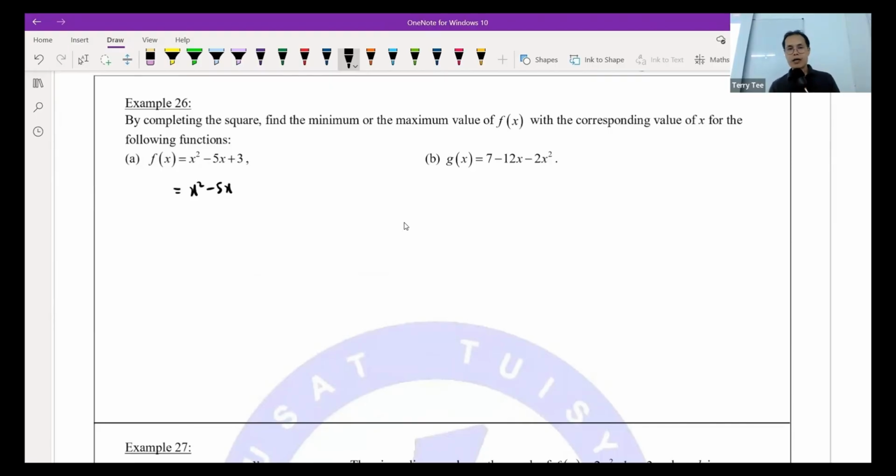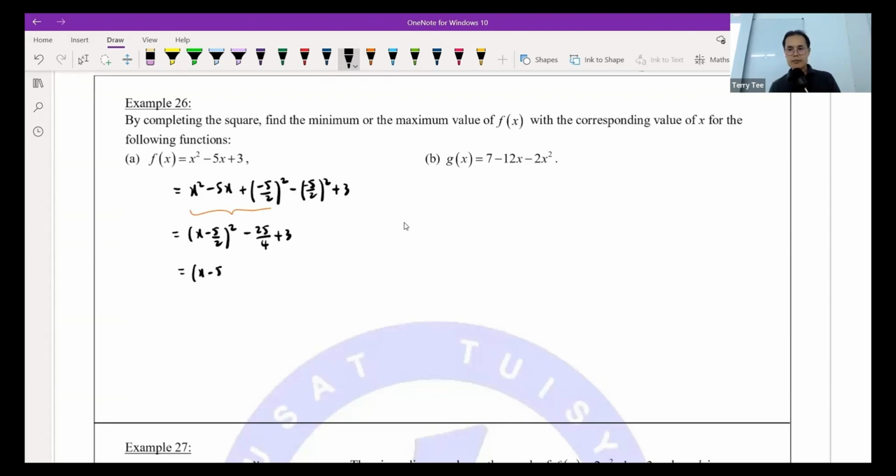This number is negative 5. You add half of it, negative 5 over 2. You square it, then you must minus the same number. Plus 3. So the first three terms, you can combine into (x minus 5 over 2) squared.